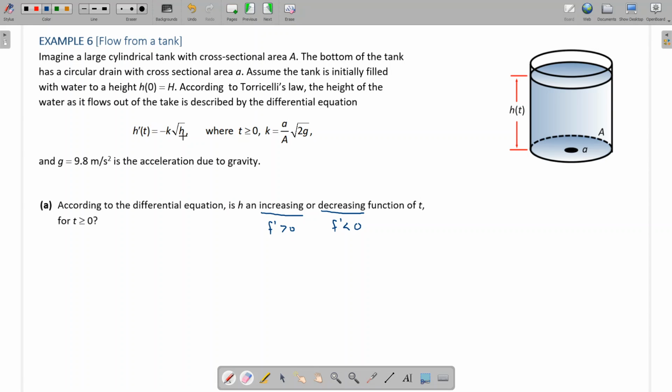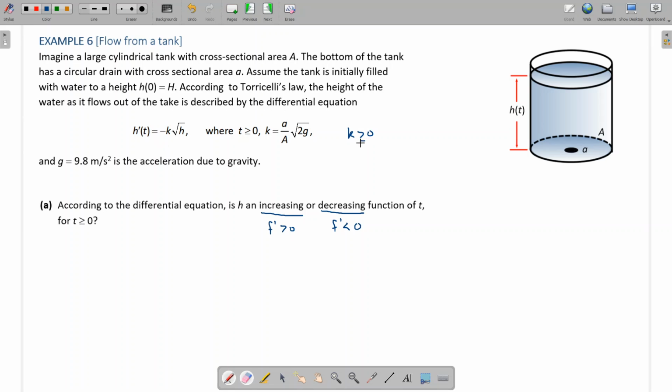So if we look back here, we've got the derivative, and we know the derivative is equal to this expression. Square root for us is always going to be a positive value, so we don't have to worry about that. And if you look at k, well, k is the ratio of 2 cross-sectional areas multiplied by another positive number. These are positive, this is positive, so k is greater than 0.